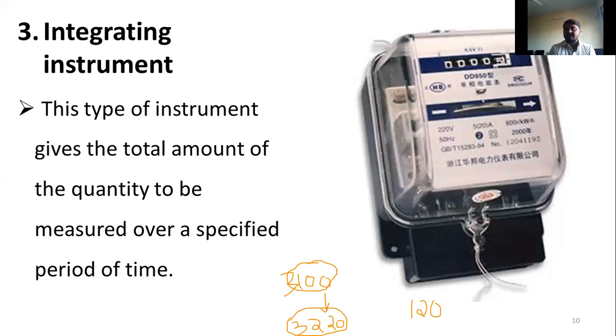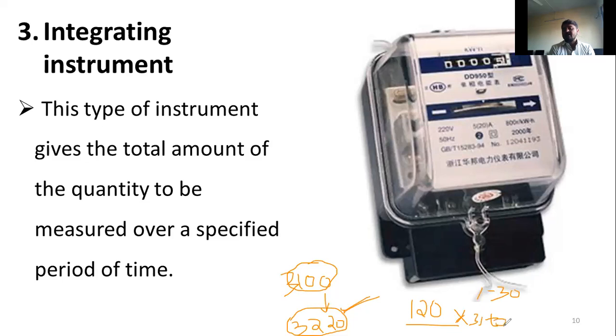So this meter displays how much energy you have consumed after fixing the meter. They will note down the previous reading and the present reading, and per unit, for the first 30 units how much charge, and for 31 to 40 units how much amount they charge, they will decide that.